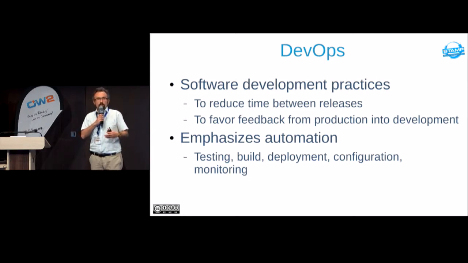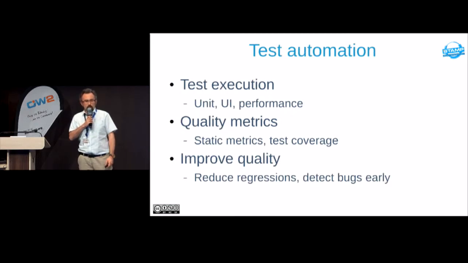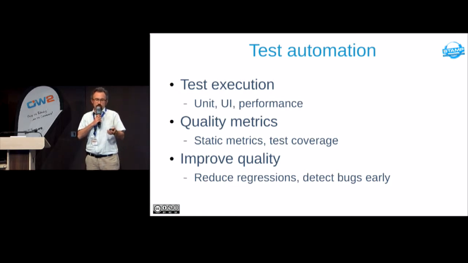To have a functioning DevOps paradigm, you need a lot of automation because you can't manually test, build, deploy, configure, and monitor your software each week. So you need to rely on automation. We will focus today more precisely on test automation. So you've got your test execution, unit testing, user interface testing.